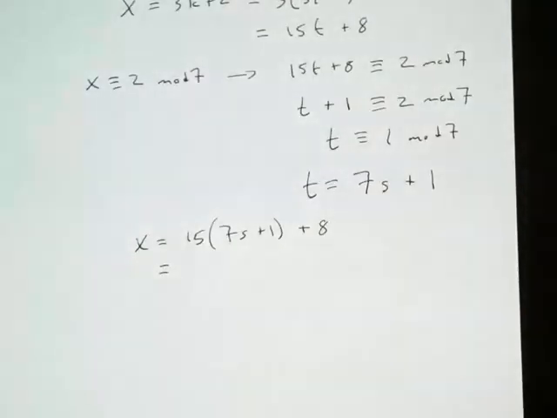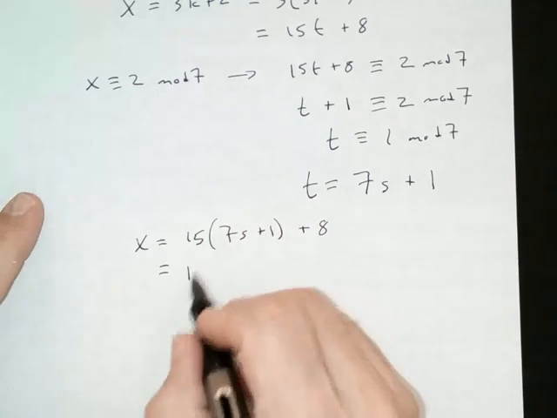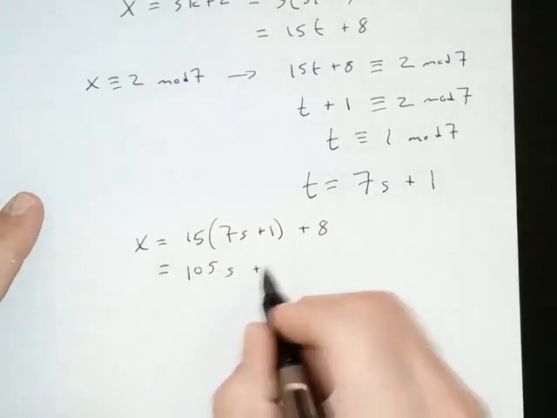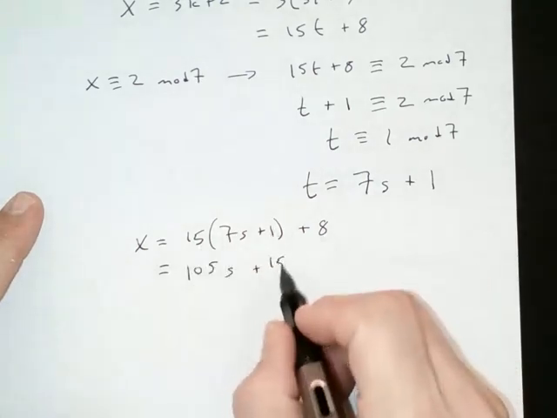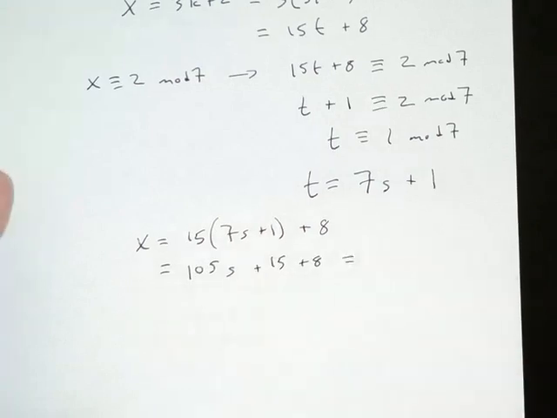What's 15 times 7? You already did this multiplication. 105. Plus 15 plus 8. What's 15 plus 8? Isn't that the answer to our problem? 23.